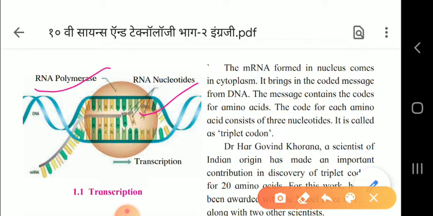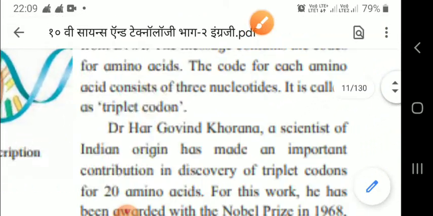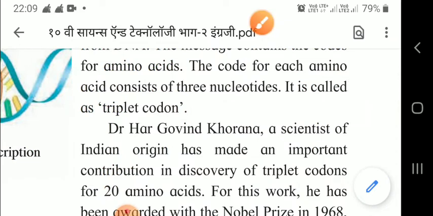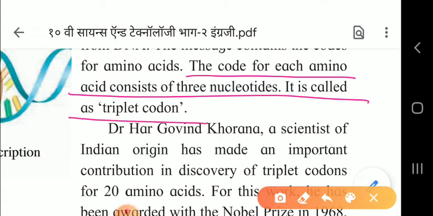You know that proteins are made up of amino acids, and the code for each amino acid consists of 3 nucleotides. That is why it is called a triplet codon. So this point you have to underline, children, that the code of each amino acid consists of 3 nucleotides. It is called a triplet codon.